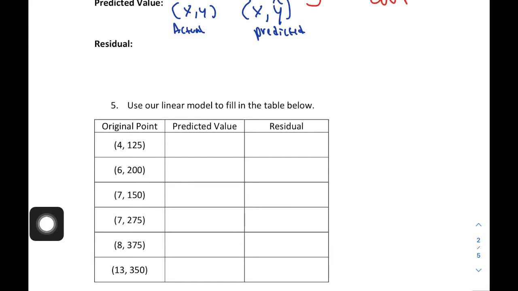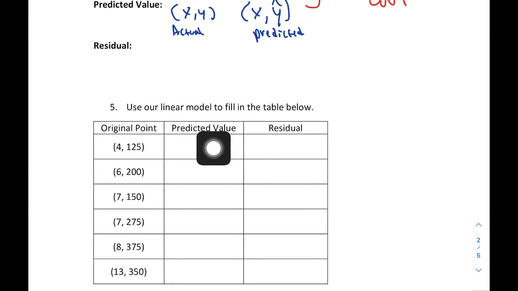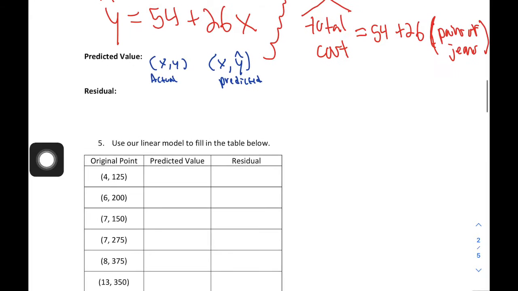So here's our original point, 4, 125. If I want to get the predicted value here, I'm going to take my x, which is 4, and plug it into my equation. So 54 plus 26 times x, which is 4, so that's 104 plus 54, 158.